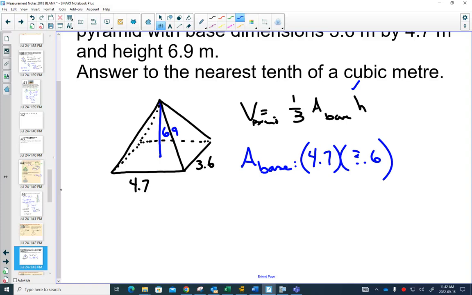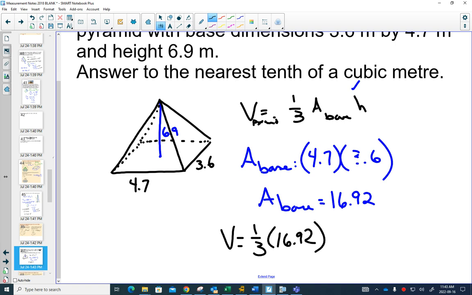Anyways, 4.7 times 3.6 is 16.92. And that's exact. So now I can find my volume. 1/3 times 16.92 times the height, which was given to us to be 6.9.